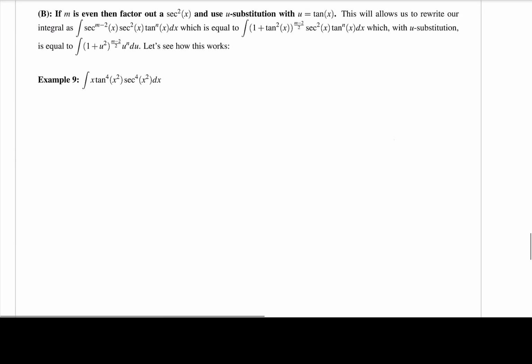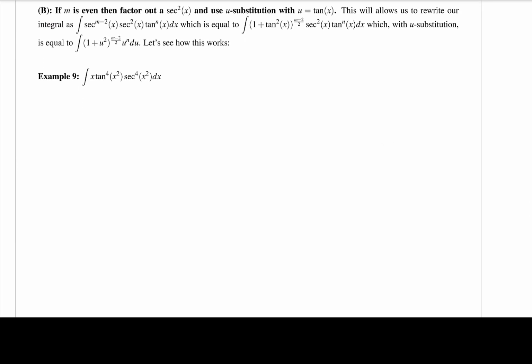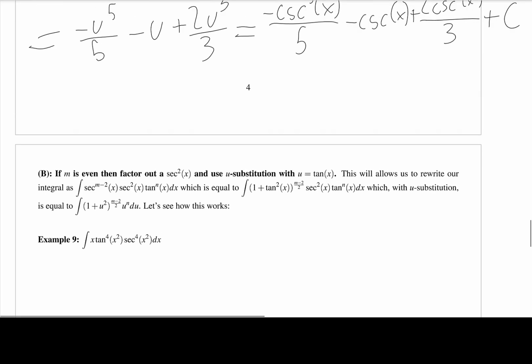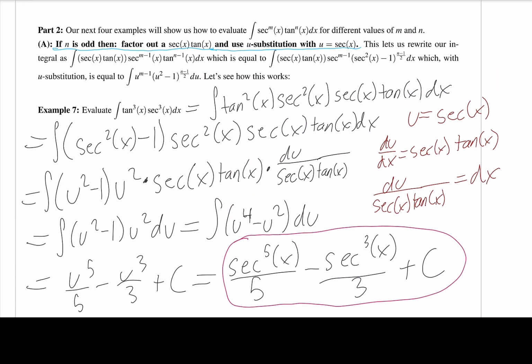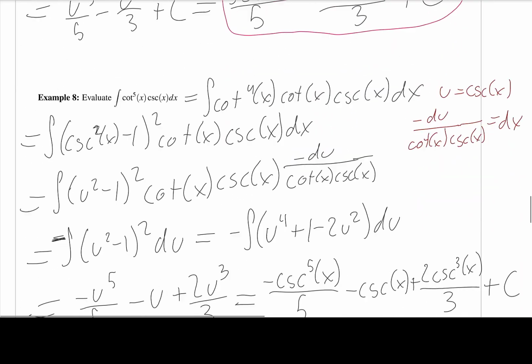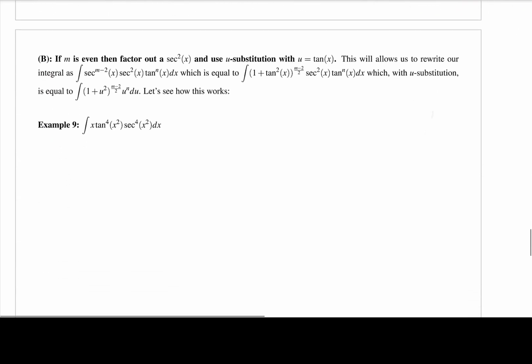Okay, now let's move on to our other possibility. So the first one we looked at said that n was an odd power, and let's just remember n was our power for tangent. So now we're going to look at if m is even, meaning what happens if secant has an even power.